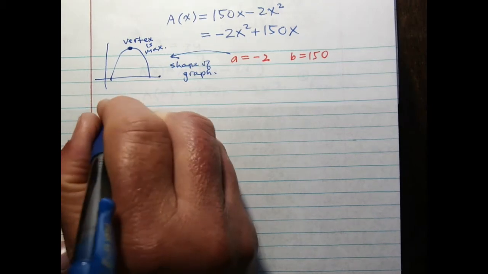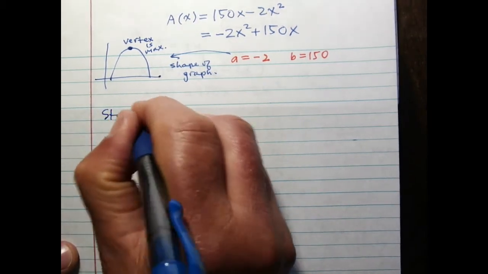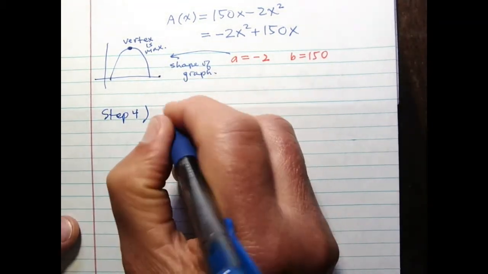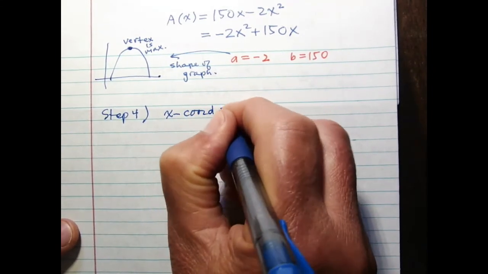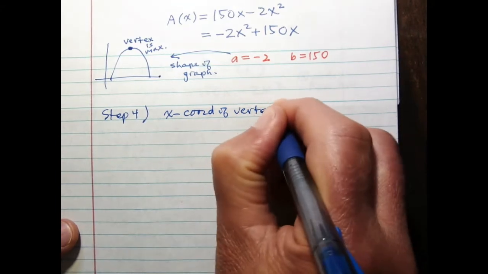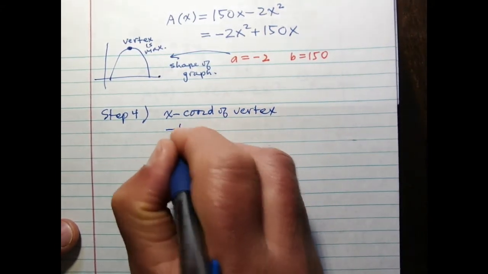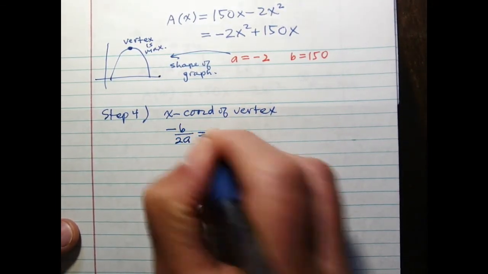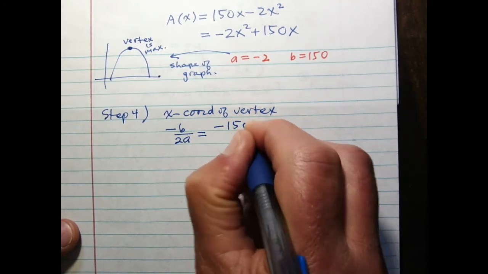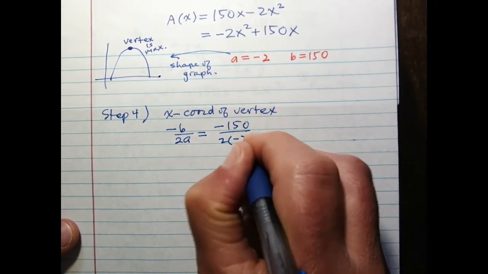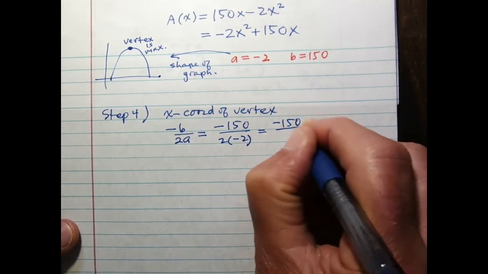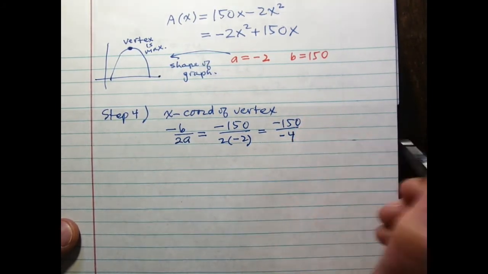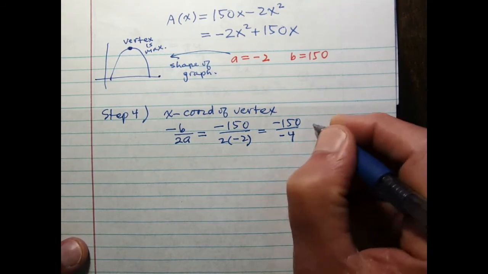So step 4. Sorry, in the previous video I forgot to write step 4 at the point where I started finding the x coordinate of the vertex using that formula -b over 2a. That's -150 over 2 times -2, which is -150 over -4.